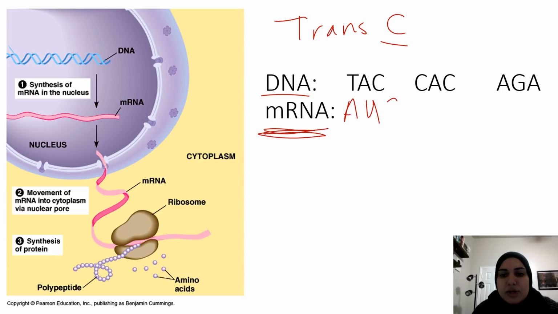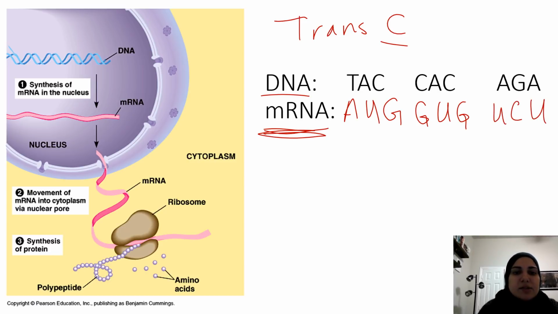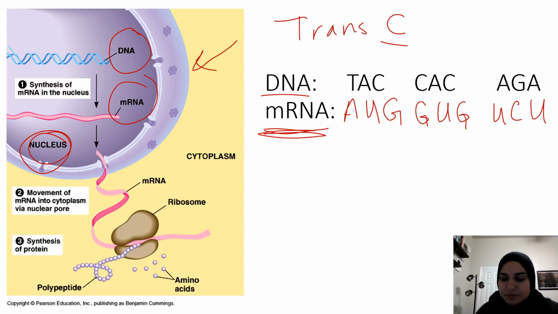Complement to C is going to be G, G, U, G, U, C, U. Alrighty, again, in this picture, I have a nucleus, so this is going to be a eukaryotic cell. If I were talking about prokaryotes, this would just be happening in the cytoplasm. So I'm going from DNA to mRNA.